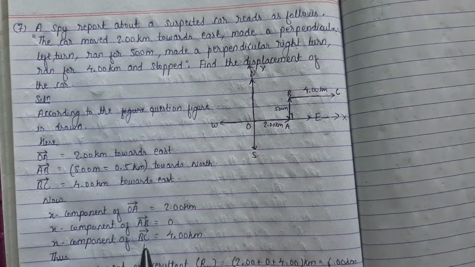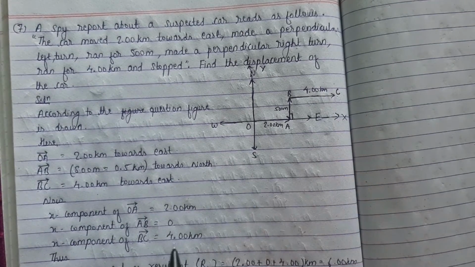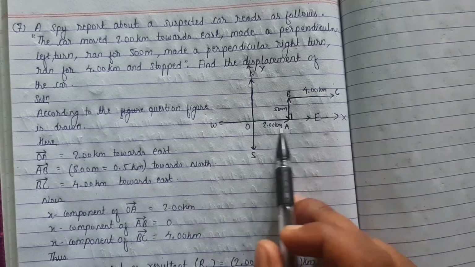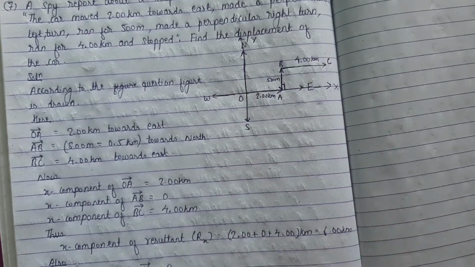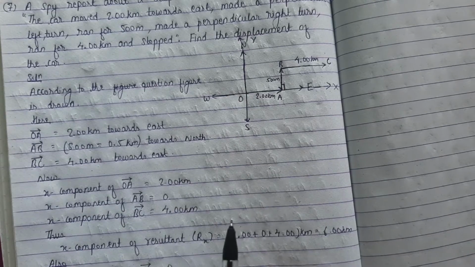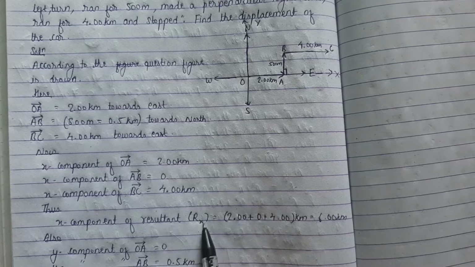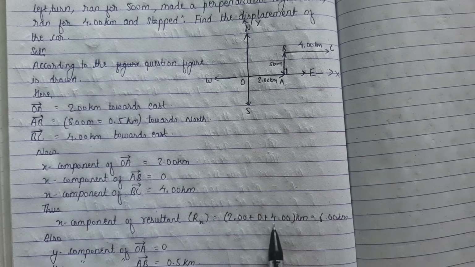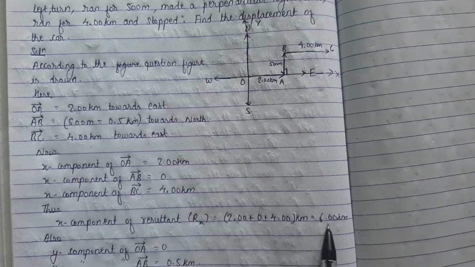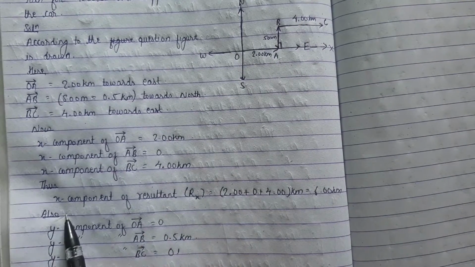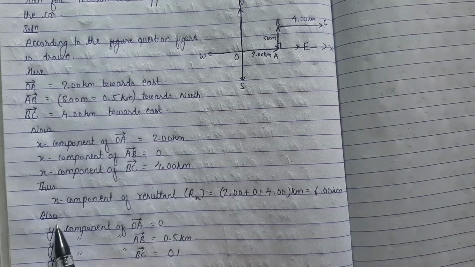X component of BC vector is equal to 4.00 km because BC vector makes 0 degree angle with the x-axis. Thus x component of the resultant, let it be denoted by Rx, is equal to 2.00 plus 0 plus 4.00 km is equal to 6.00 km. Likewise, let us find out the y component of each vector.